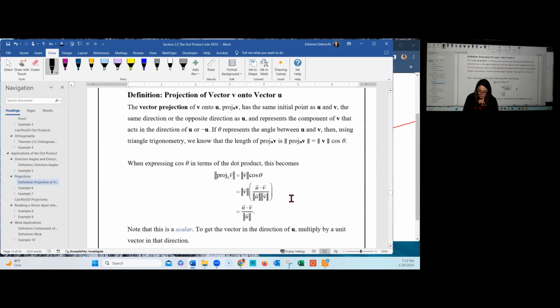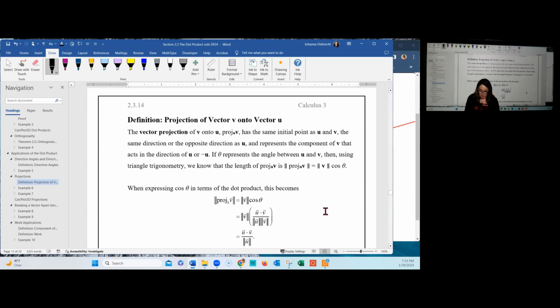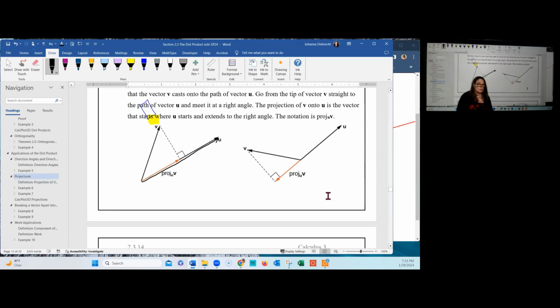So here is our formal definition of the projection of vector v onto vector u. The magnitude of the projection, which would be the length of the shadow, is equal to the magnitude of v times the cosine of the angle. Now, why would that be? Let's come back up to our picture and take a look at this right triangle.